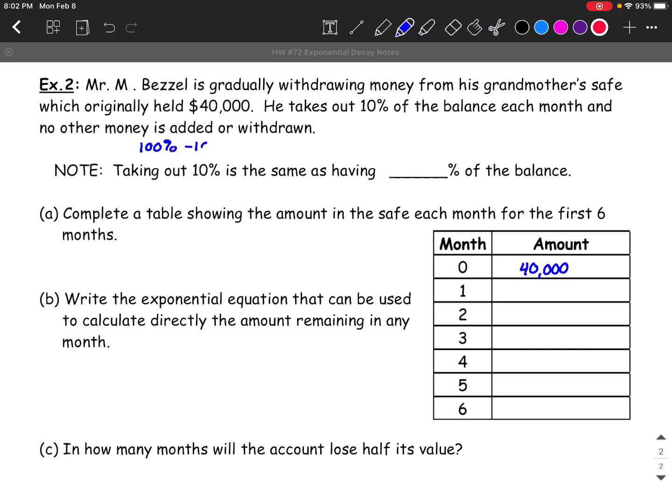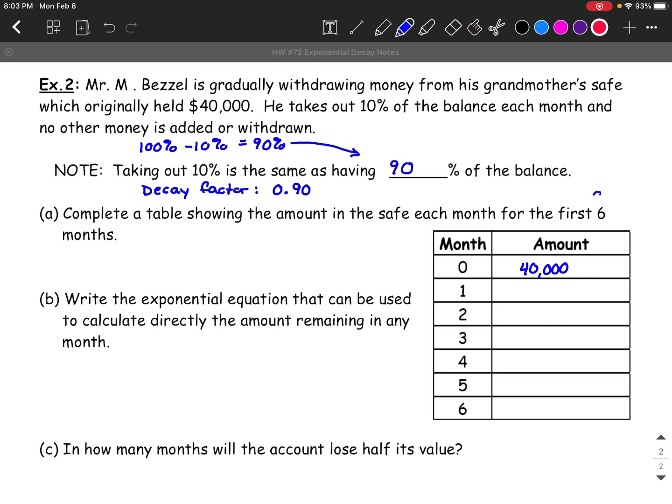If he takes out 10%, what's left? That's 90%. So taking out 10% is the same as having 90% of the balance. Okay, that's going to mean that our decay factor, so 90% as a decimal, is 0.90. Let's complete the table showing the amount in the safe each month for the first 6 months.